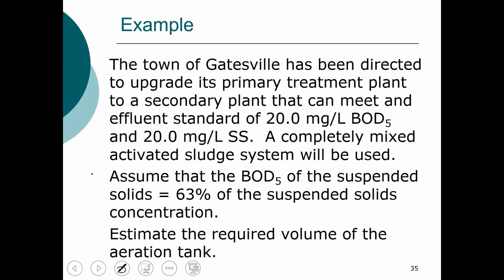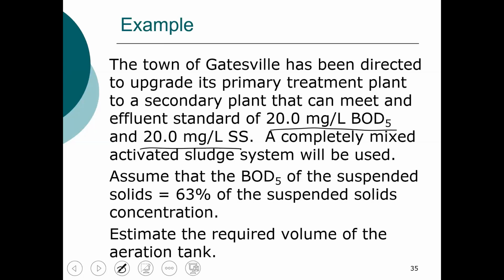So we have an effluent standard of 10 milligrams per liter of BOD, 20 milligrams per liter of BOD, and 20 milligrams per liter of suspended solids. And we're going to, as I mentioned, use a completely mixed activated sludge system.